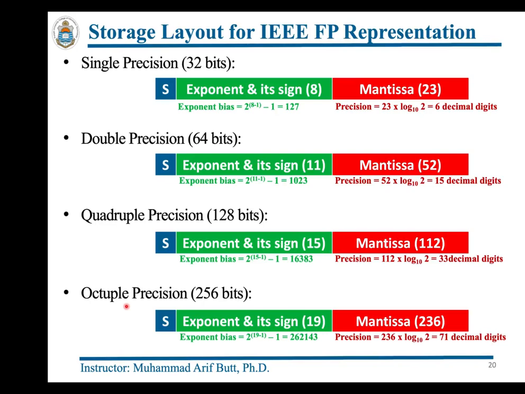Whether these are supported on your specific machine depends on at least three parameters: the hardware of your system, the installed operating system, and the compiler you are using. Well, dear students, in case of C and C++, we have the float, double, and long double data types that support single precision, double precision, and quadruple precision respectively.